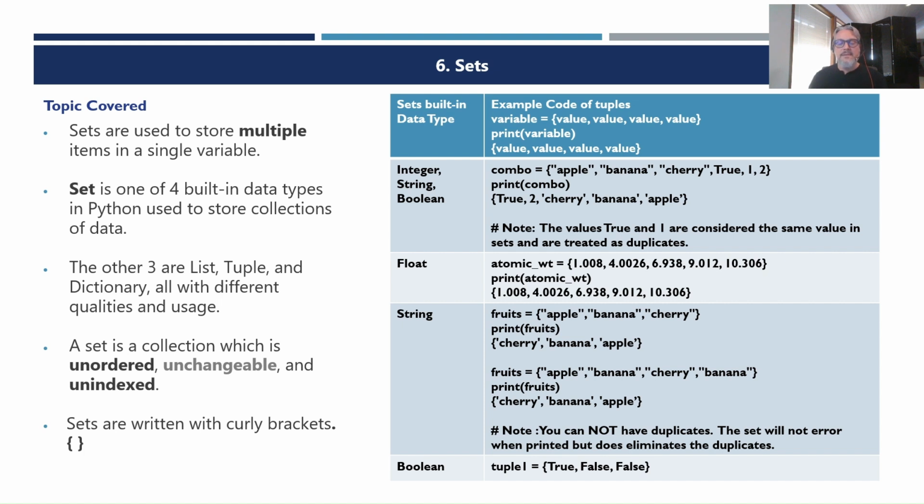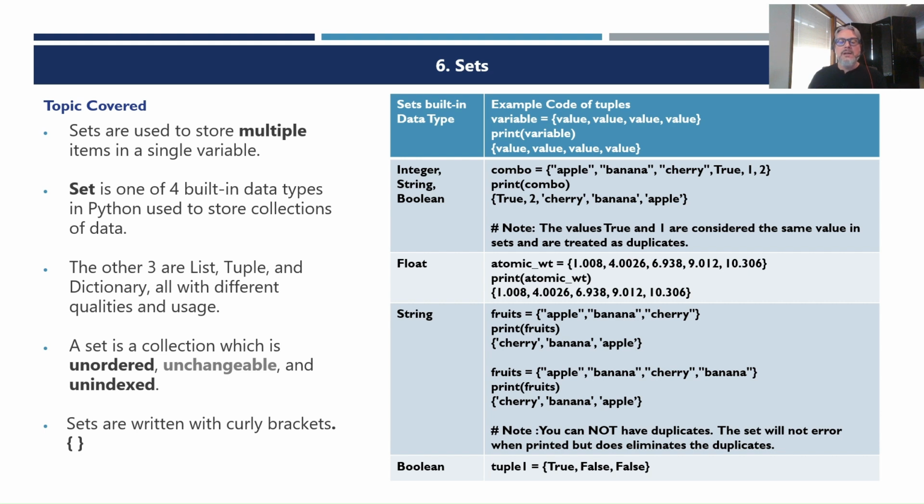A set is a collection which is unordered, unchangeable, and unindexed. Unordered means that the items in a set do not have a defined order. Set items can appear in a different order every time you use them and cannot be referred to by index or key.